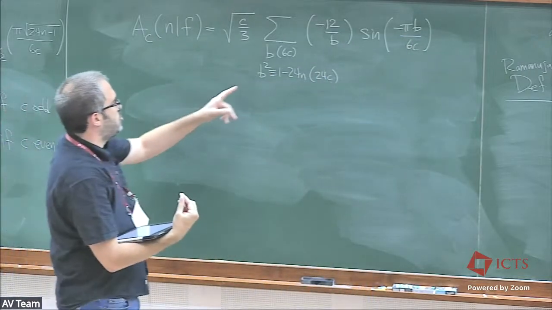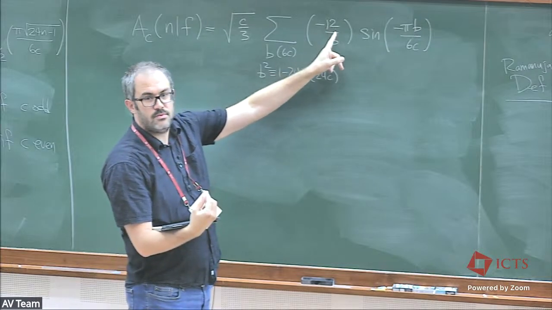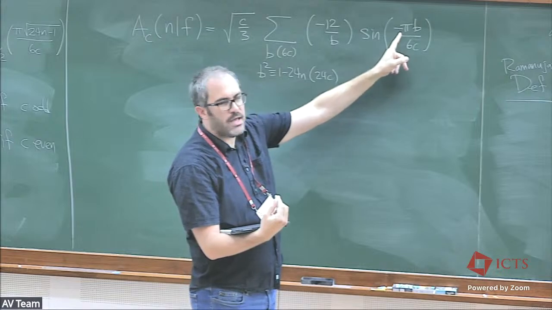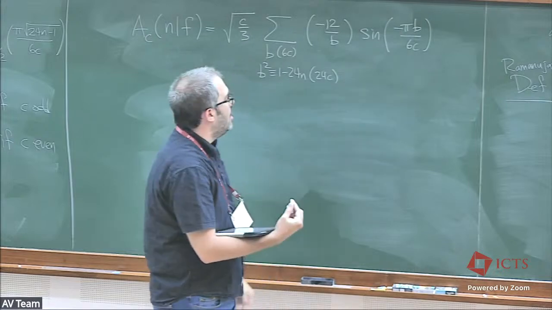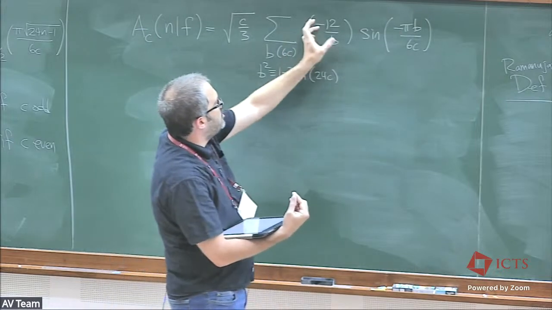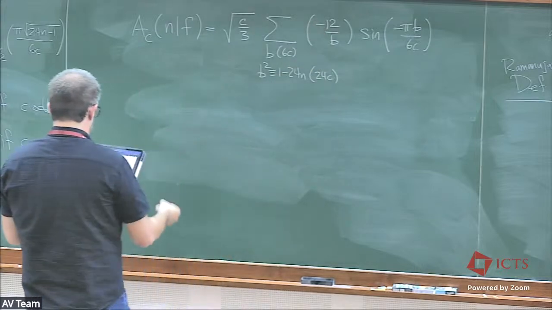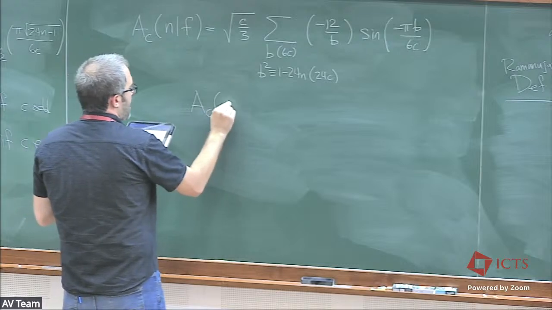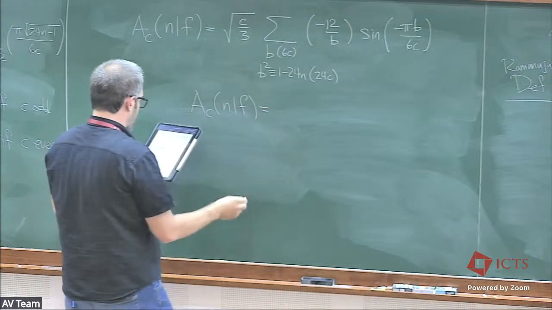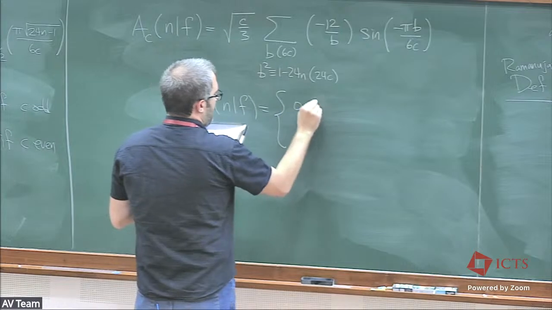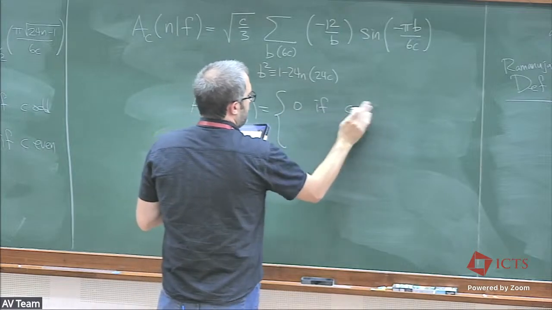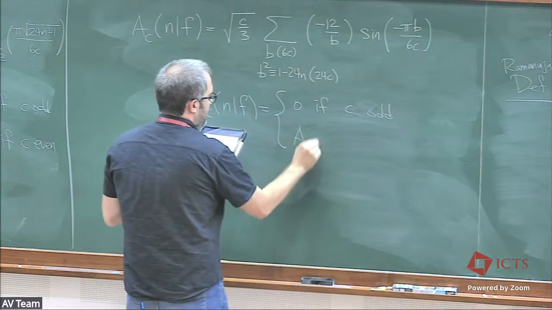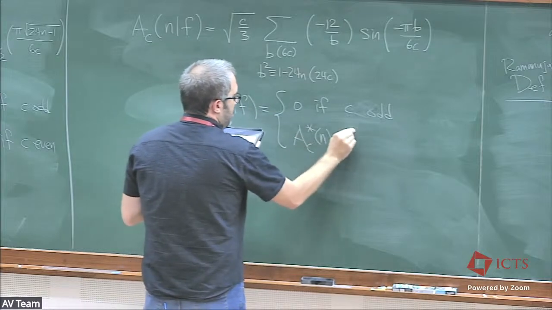Well, I changed 12 to minus 12, and I changed cosine to sine. There's also a minus sign here, which isn't doing much. But I really just changed this character from 12 to minus 12. And it turns out that A_C(n) is equal to 0 if C is odd, and A_C star of n if C is even.